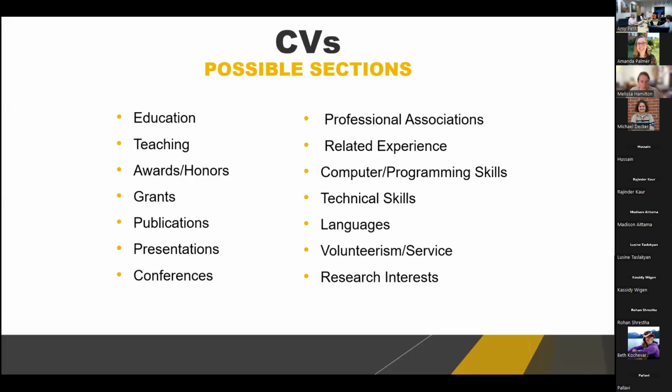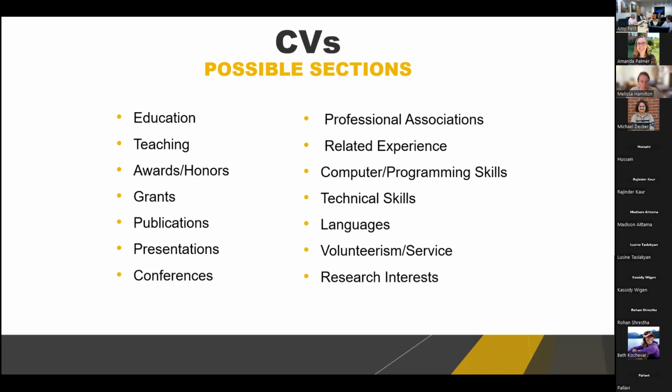So possible sections for a CV: definitely your education, any teaching experience you have, or if you are mentoring undergrads, that can go in there. If you are adjuncting, if you're a TA, any of that information can go in there. Awards and honors that you've received, as far back as it needs to be. Any grants that you're involved with.